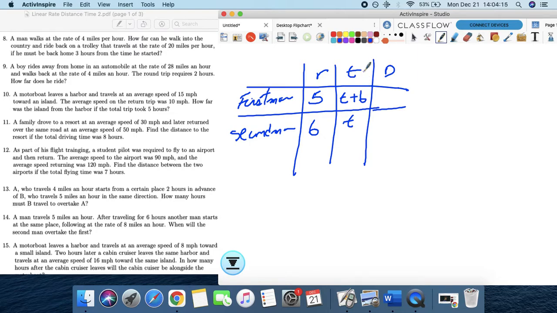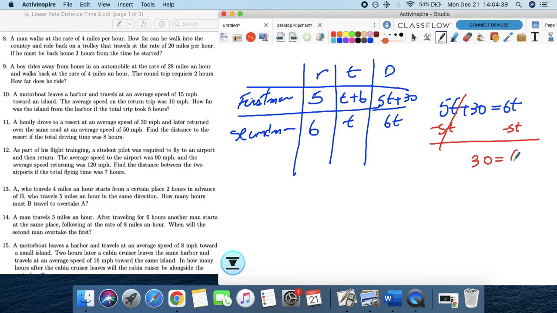Okay, so here we get 5t plus 30. This one we get 6t. When they overtake each other, their distances are going to be the same, right? Because you have to catch up. 5t plus 30 equals 6t. Let's get rid of the 5t. Minus 5t, minus 5t. 30 equals t.